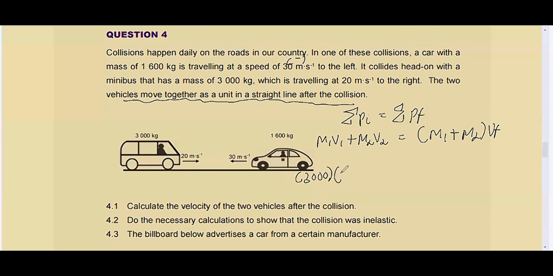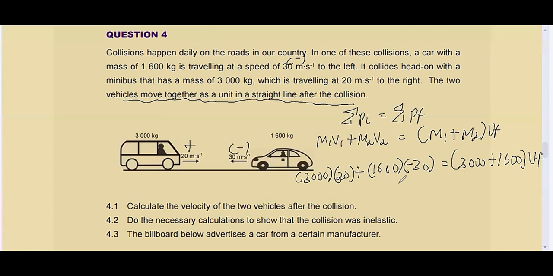What's our initial velocity? 20. It's going to the right. And then plus 1,600. But what's our initial velocity? That's 30, but then it's going to the left, so it needs to be negative 30. Then mass 1, 3,000. Mass number 2, 1,600. And then we are looking for VF.